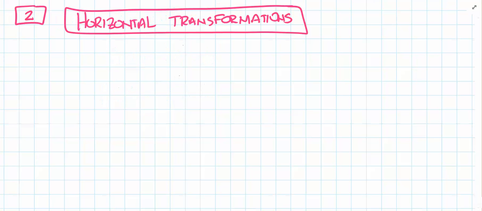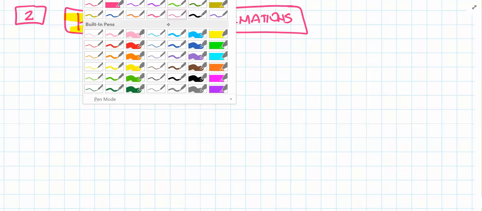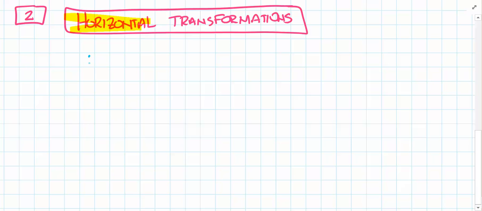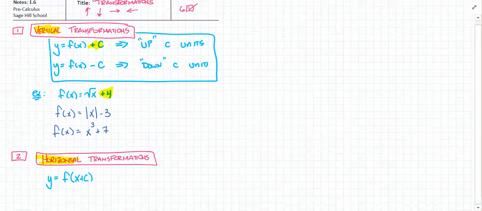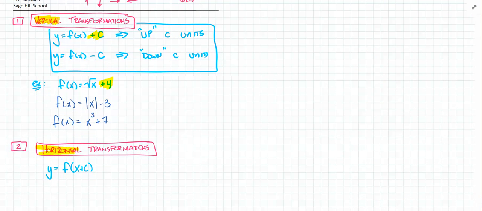Okay, horizontal transformations. When you see the word horizontal, what do you think of? Left and right. Yes, very good. So I could give you this. Y equals f of x plus c. Now, take a look at that. How is that different from a vertical transformation? Take a look at that very first box. What's the difference? Where's the c, everybody? Yeah. It's inside the parentheses versus outside the parentheses, okay?